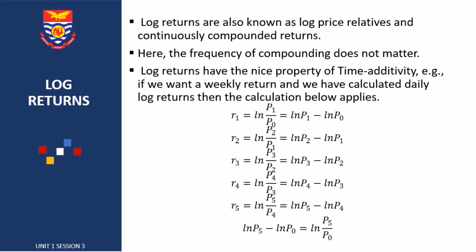We can also estimate the log returns of an asset over the entire period, as seen in the final equation, ln P5 minus ln P0, which is the return of the entire period from period 1 to period 5.